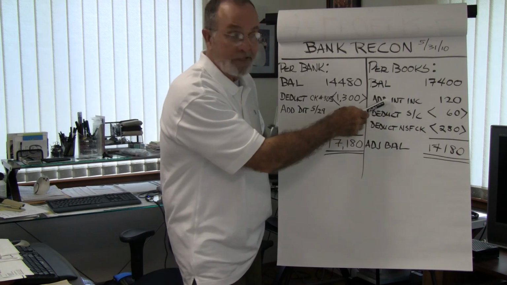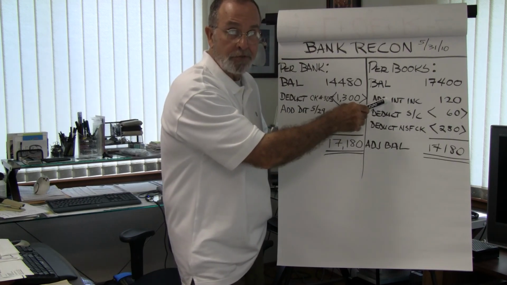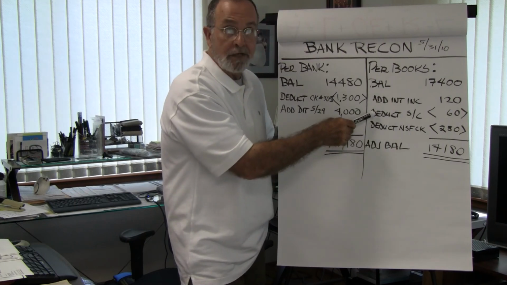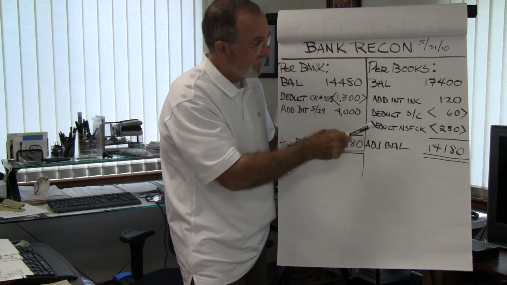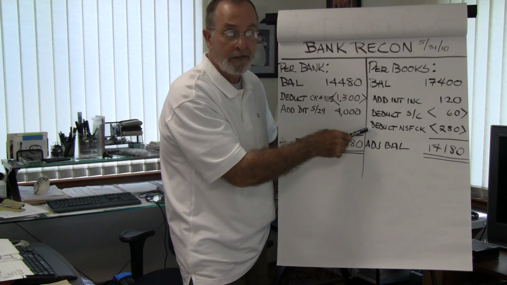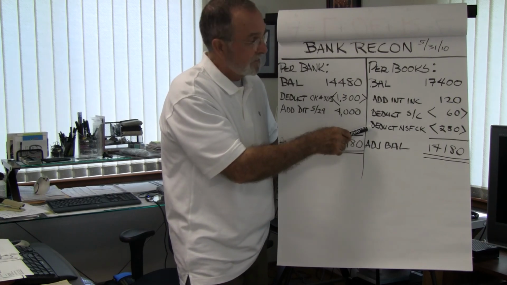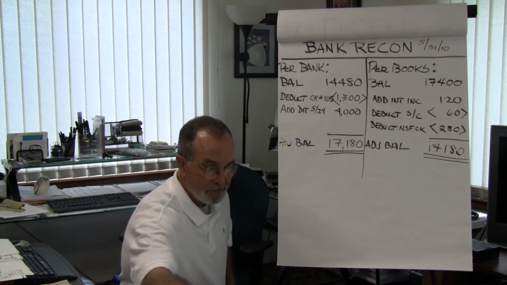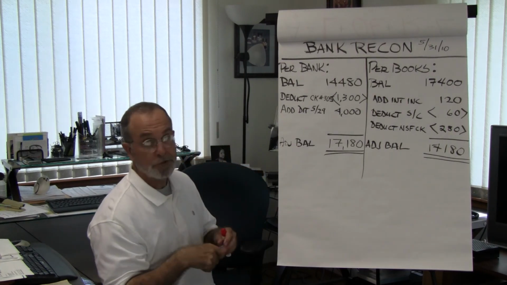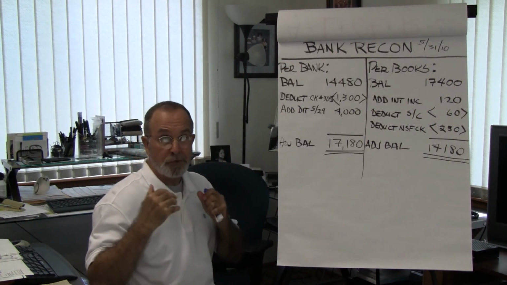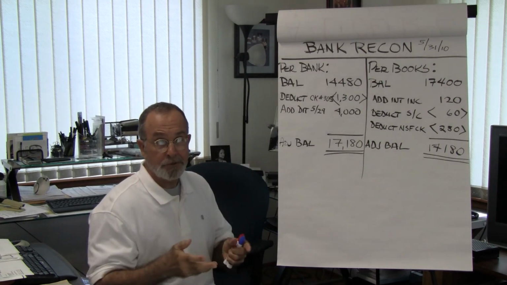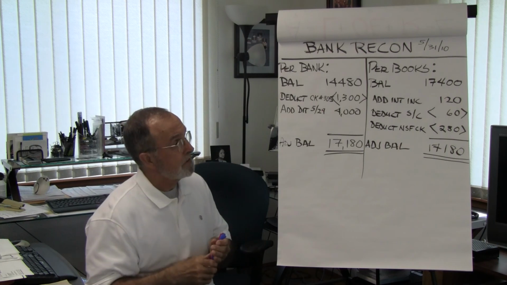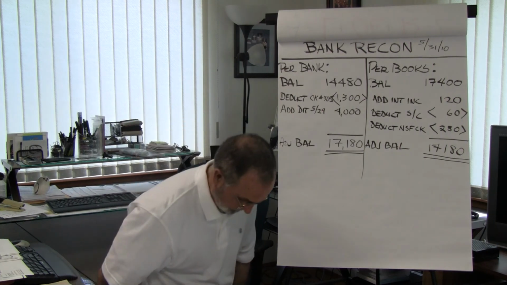We need to add the interest income, the interest earned on our checking account balance. We need to deduct our bank service charge, and we also need to deduct that NSF check. And so each one of those items becomes a journal entry that would be journalized and posted to the ledger, and they would become a part of our permanent records.